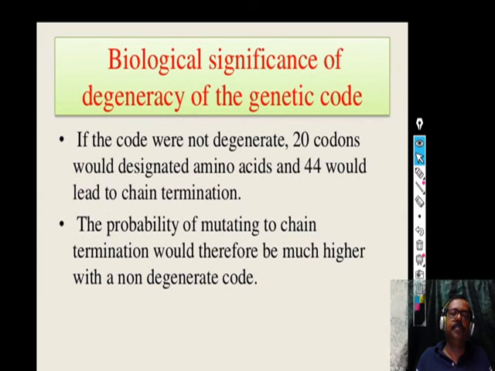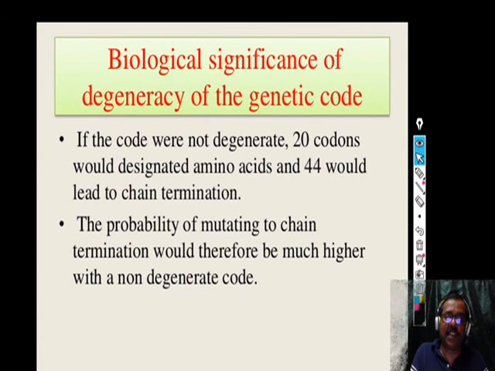Now, what is the biological significance? It is already described, as I mentioned in an earlier slide. If the code were not degenerate, 20 codons would designate amino acids, and 44 would lead to chain termination. So you can see that only 20 codons would designate the amino acids, and instead of 3 termination codons, there would be 44 codons, because there are in total 64 codons.